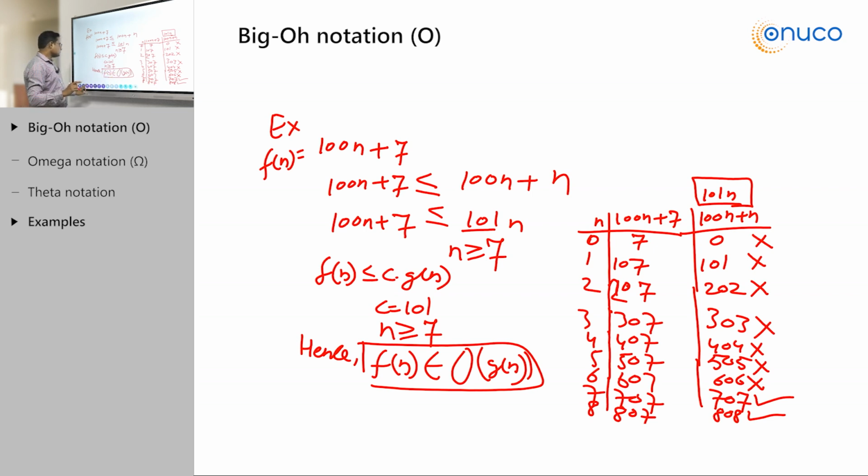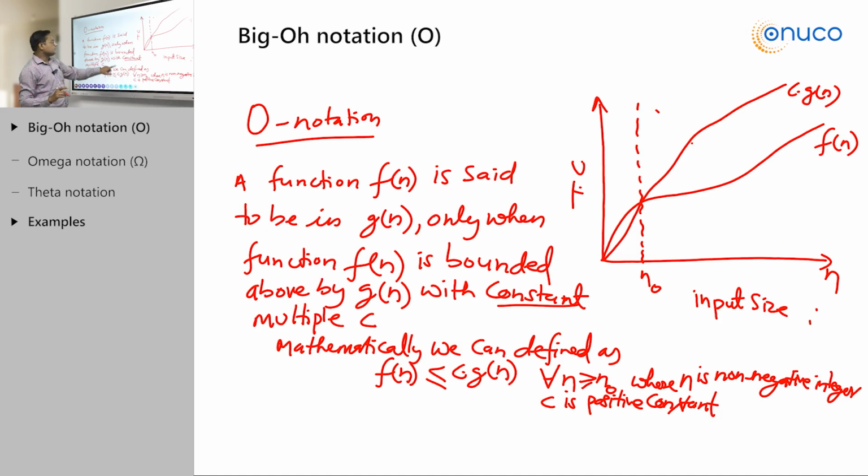So, in the definitions part we have discussed this, and we can simplify here and say that f of n belongs to big O of g of n. Right? So, this is all about big O notation.